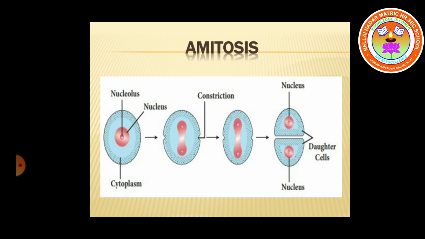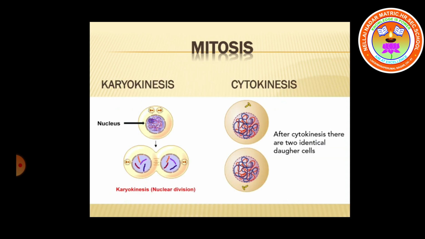First the division occurs in the nucleus, followed by the division of the cytoplasm. Here in amitosis, one cell divides into two daughter cells. Are you clear children?